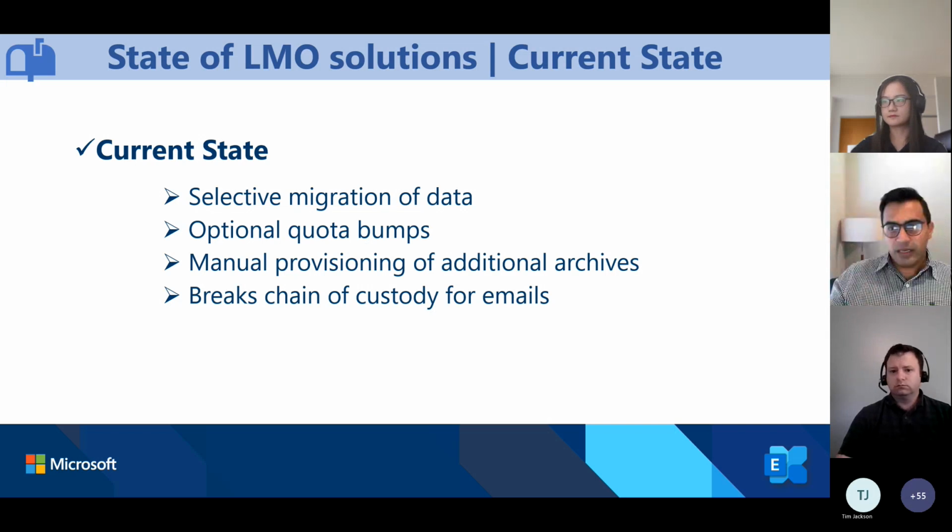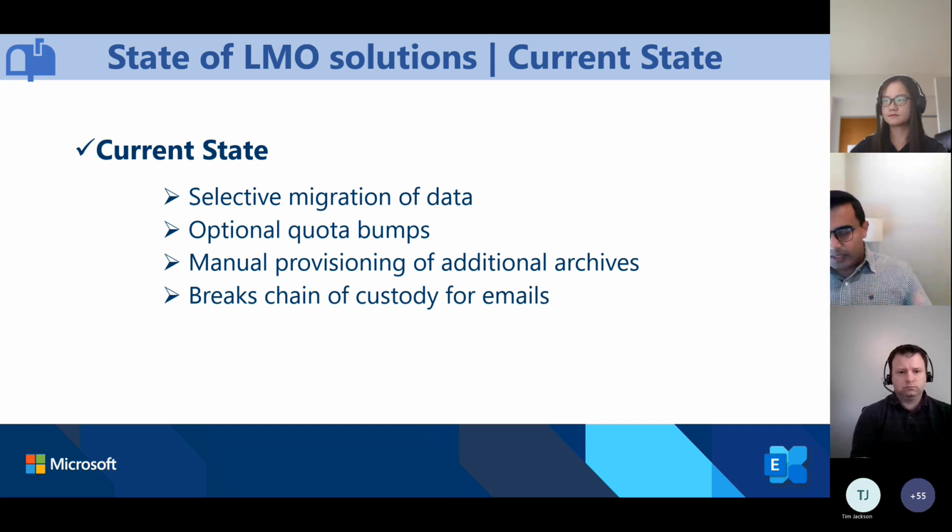There's a limit to which we can bump the quota because every shard that hosts a mailbox has store limits. And there are ways in which you can provision the archives manually, and then you export it using PST and then import it into the archives. You know what happens there?